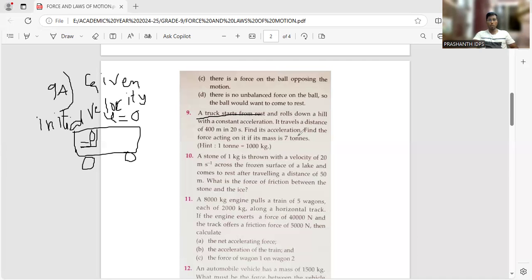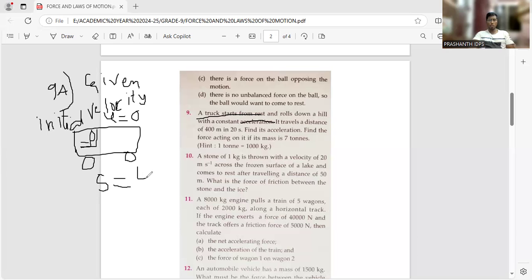And after that, it rolls down a hill with a constant acceleration. Acceleration is constant. It travels a distance of 400 meters. So for distance, which letter do we take? We take s, in force and laws of motion.